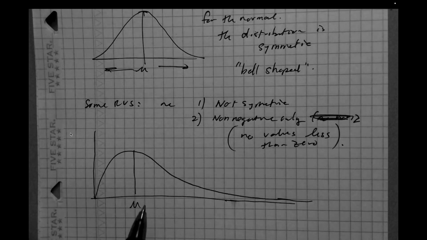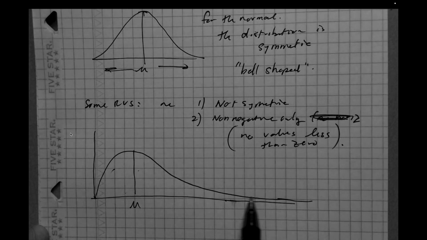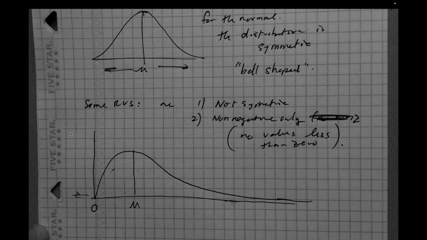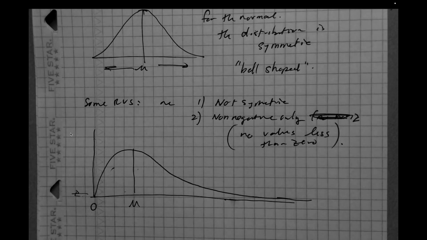So in these examples, most of the data is to the left of the distribution, and there are fewer examples as we move to the right, and this is 0. This is all the negative values here. Notice there's no density there. This is the typical sort of shape for something like a gamma distribution.